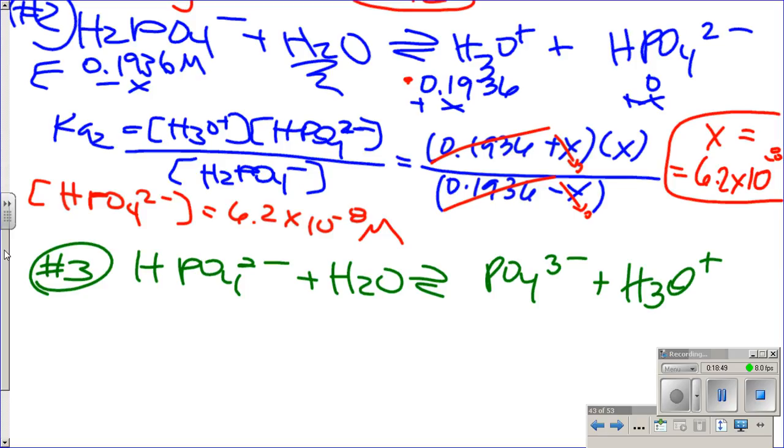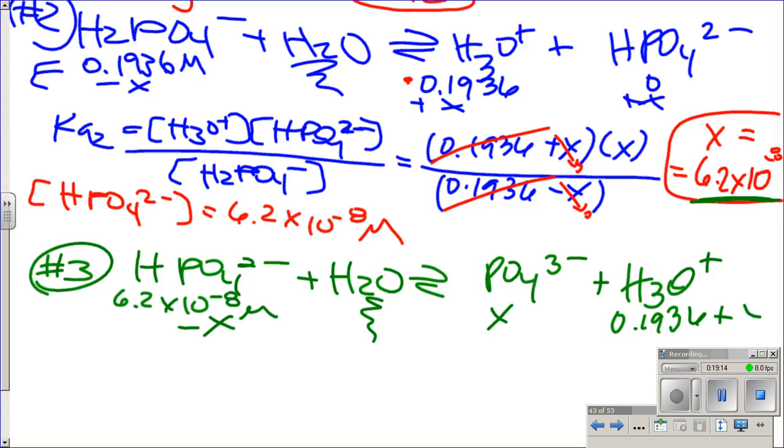You start off with a specific amount of this already, 6.2 times 10 to the negative 8. You start off with a little bit of the hydronium. If I do add that 6.2 times 10 to the negative 8, it's not going to change that number, so I'm not going to change it. That's so far apart in terms of decimals, I'm not going to stretch it out to that many sig figs. So I'm going to subtract X over here, add X over here, and add X over here.